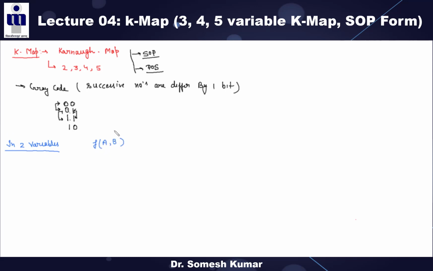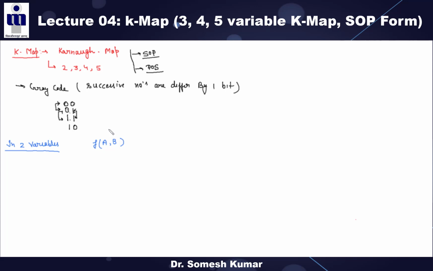One more thing you have to note: multiple solutions are possible in the K-map. You have to make some groups in the K-map. I am going to explain the meaning of these groups. Based on the groups, your answers can be different.